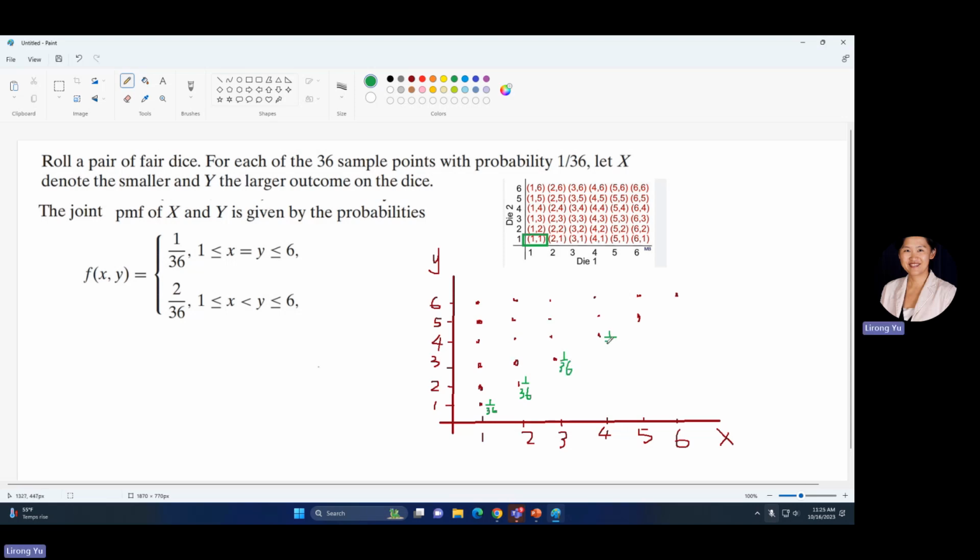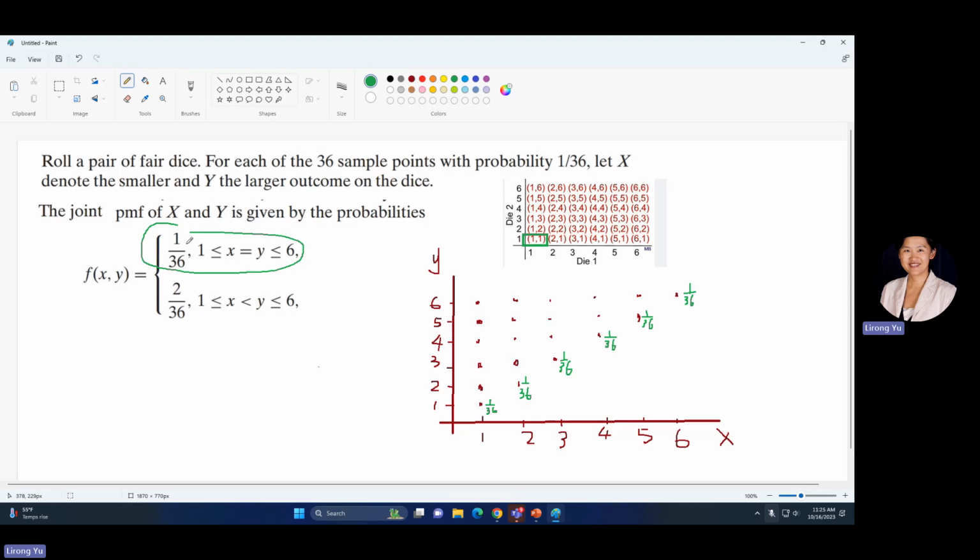So I'm attaching the probability value to each of the outcomes. As you can see, if you write it this way, it's a little bit cumbersome. There's a lot of writing, but here we are. If x equals y, then the probability is 1 over 36.